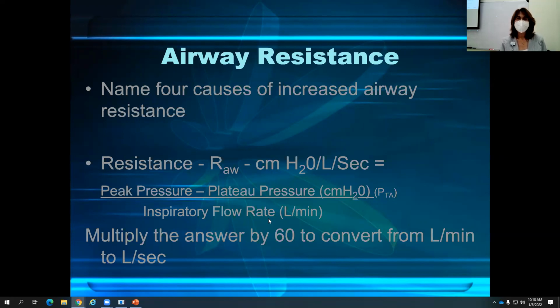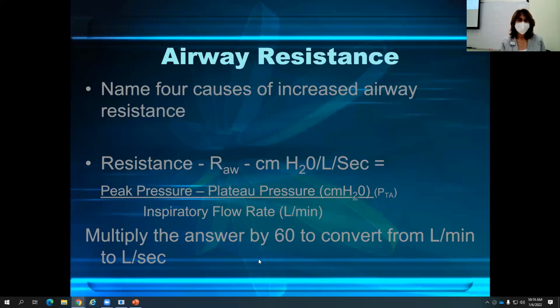Inspiratory flow rate on the ventilator is always in liters per minute. However, the units for the resistance formula are liters per second. So how do you convert the flow rate from liters per minute to liters per second? It tells you at the bottom in big letters, multiply the answer by 60.